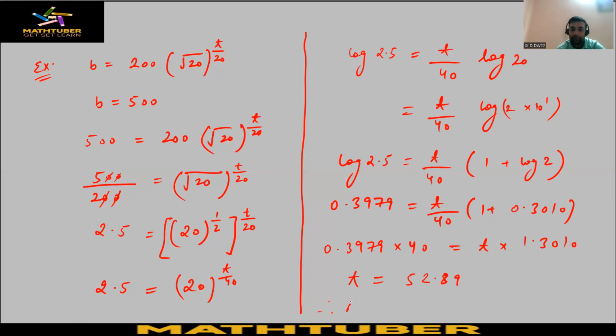So therefore, after 53 hours, the bacteria cells will be 500. So this is how we have to solve it.